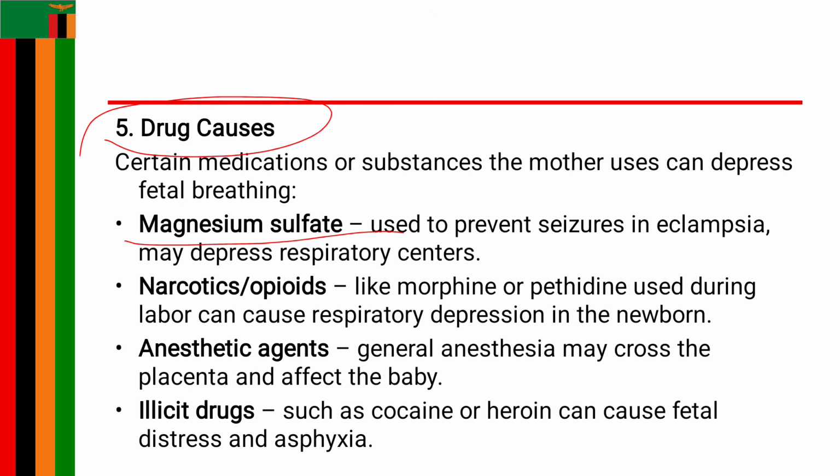That is why we calculate MAGSAF specifically, and we make sure that as we give those 14 grams, we are giving them in a particular order to avoid overdose, so that the mother doesn't go into respiratory depression. Narcotic drugs or opioids like morphine, pethidine, during labor, these can also cause respiratory depression in a newborn.